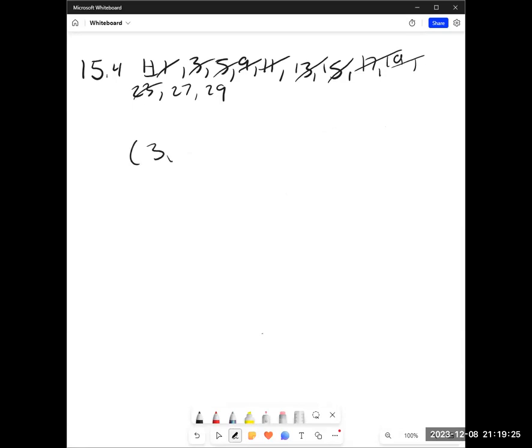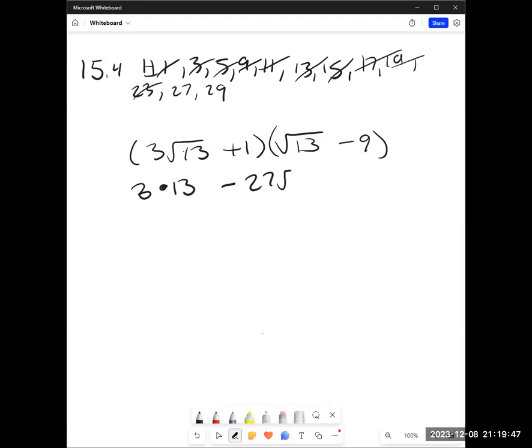Now we have 3 times the square root of 13 plus 1 and the square root of 13 minus 9. 3 root 13 times root 13 is 3 times 13. 3 root 13 times negative 9 is negative 27 root 13.